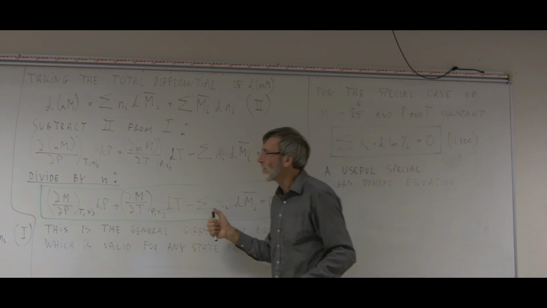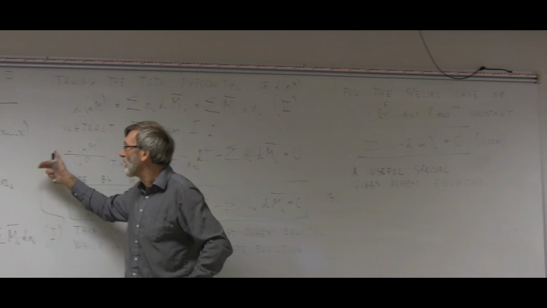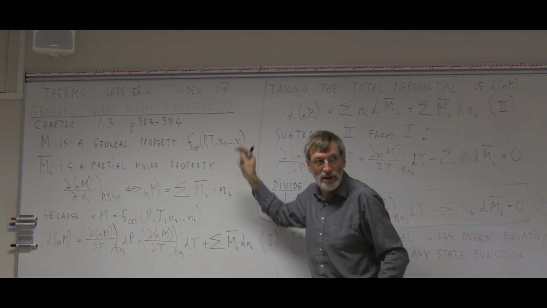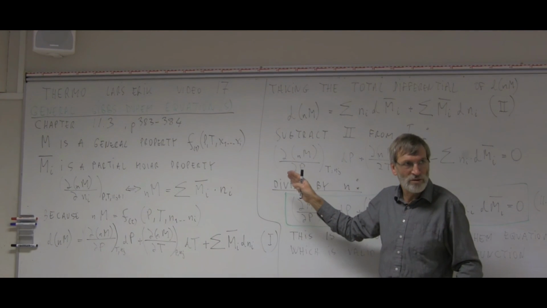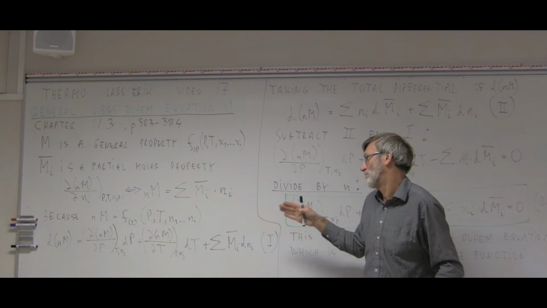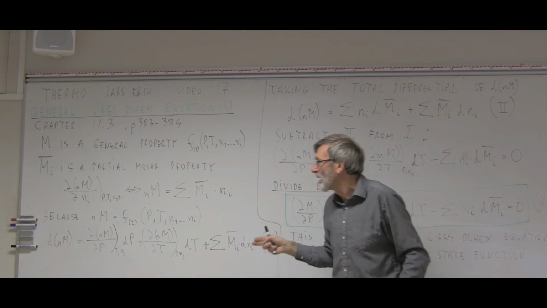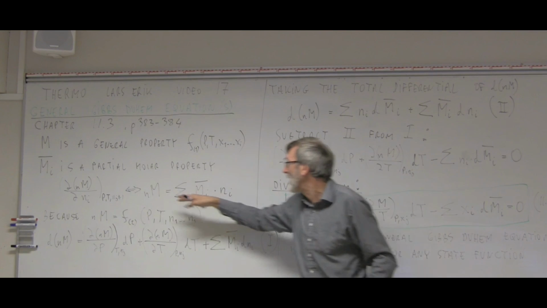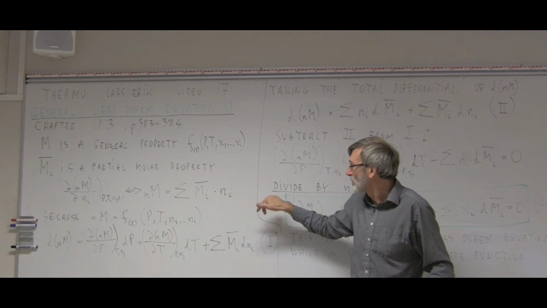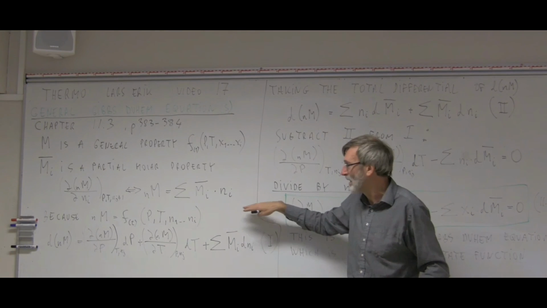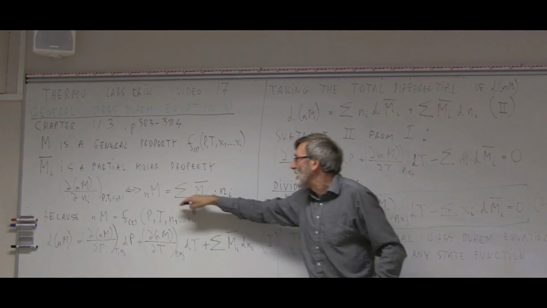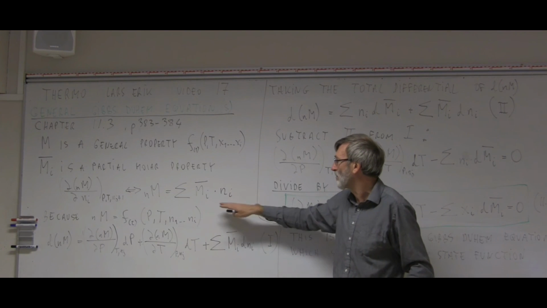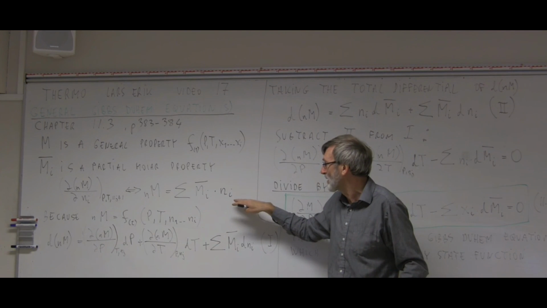Now I have been through the derivation of the general Gibbs Duhem equation. From a mathematical point of view, it is not especially complicated if we accept that we define a partial molar property this way, and that the total of a property is the sum of the partial molar properties and the amount.